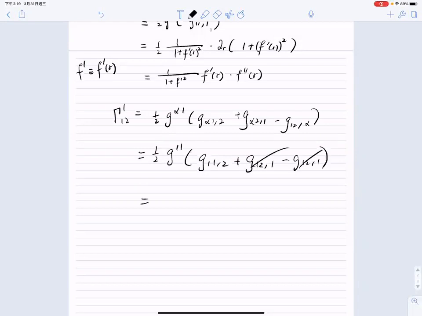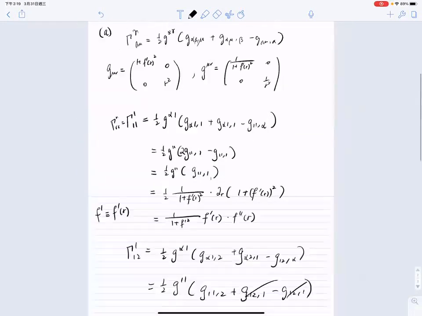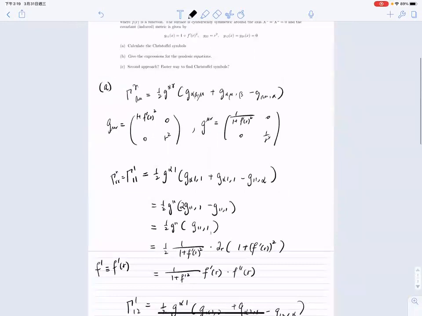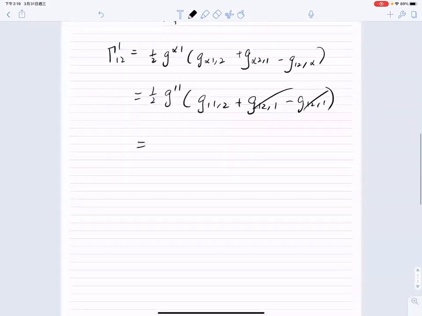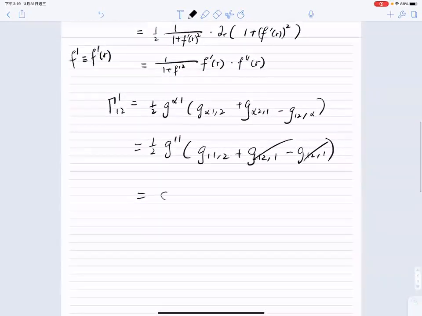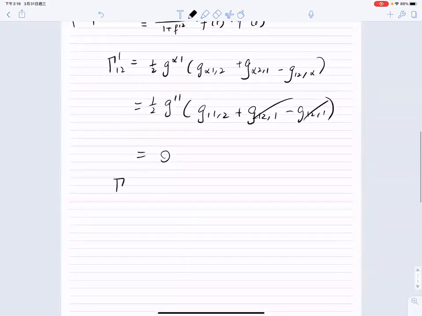G11 only has rho dependency and does not have any phi dependency, so this would be equal to 0. And then you know the Christoffel symbol is symmetric.